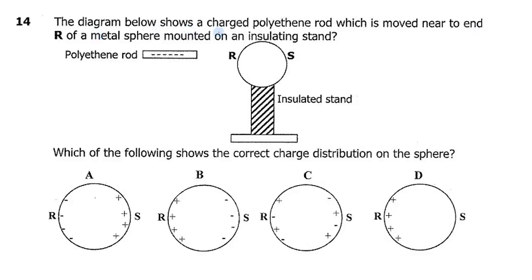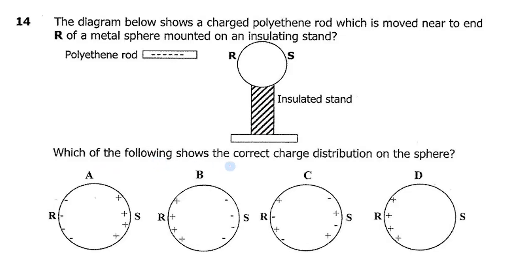The diagram below shows a charged polythene rod which is moved near to the end of a metal sphere mounted on an insulating stand.